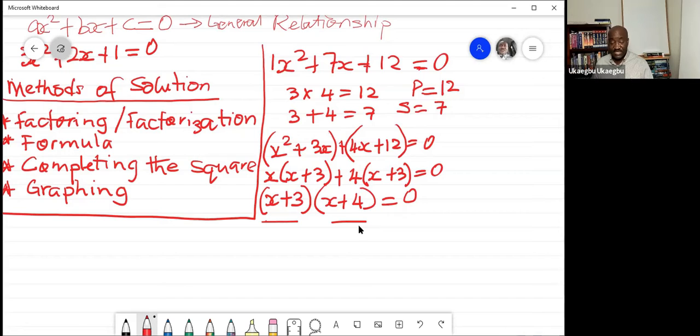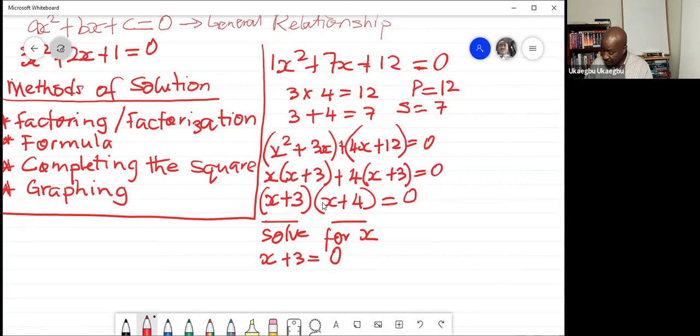In that case, so now let me write this to avoid confusion. I would say solve for x. So in that case, after the factorization, what you need to do would be to write x plus 3 equal to 0, because this tells us that there are two possible values of x. That's all it's telling us.